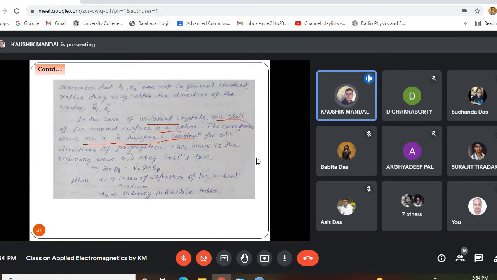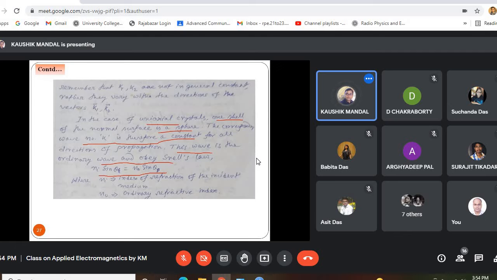And the corresponding wave will follow Snell's law, ni sin theta i equal to n0 sin theta 0. But for the other refracted wave, for the ellipsoidal surface or ellipsoidal shell, it will not follow Snell's law.